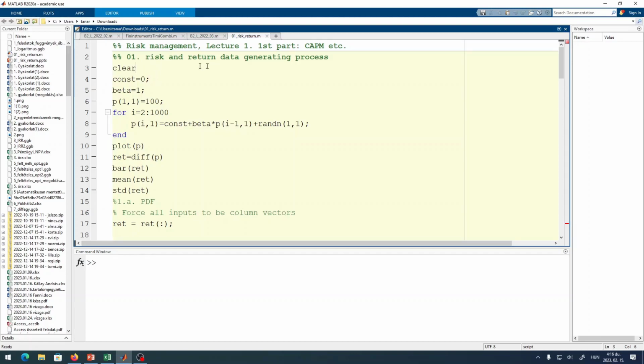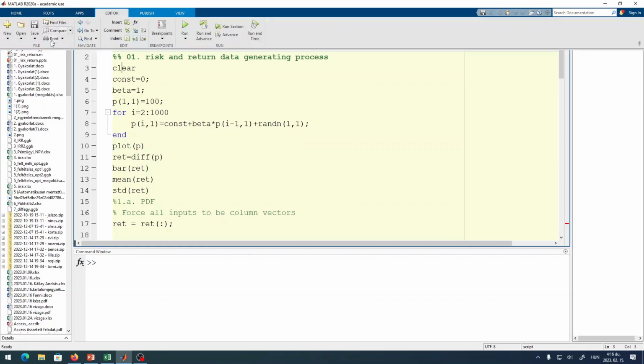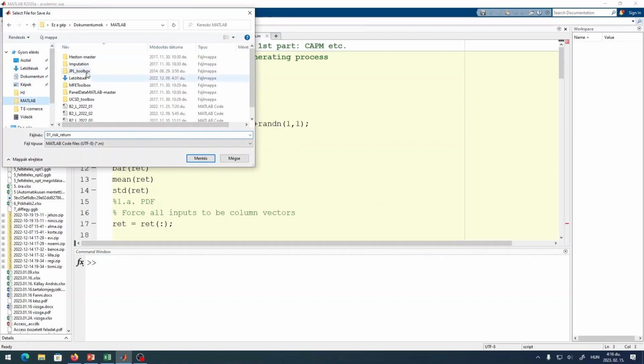So in the editor, or if you are just clicking on the M file, then you can find the script part. Okay, right now it's in the download folder, so let's move this thing to the Matlab folder, otherwise strange things can happen.